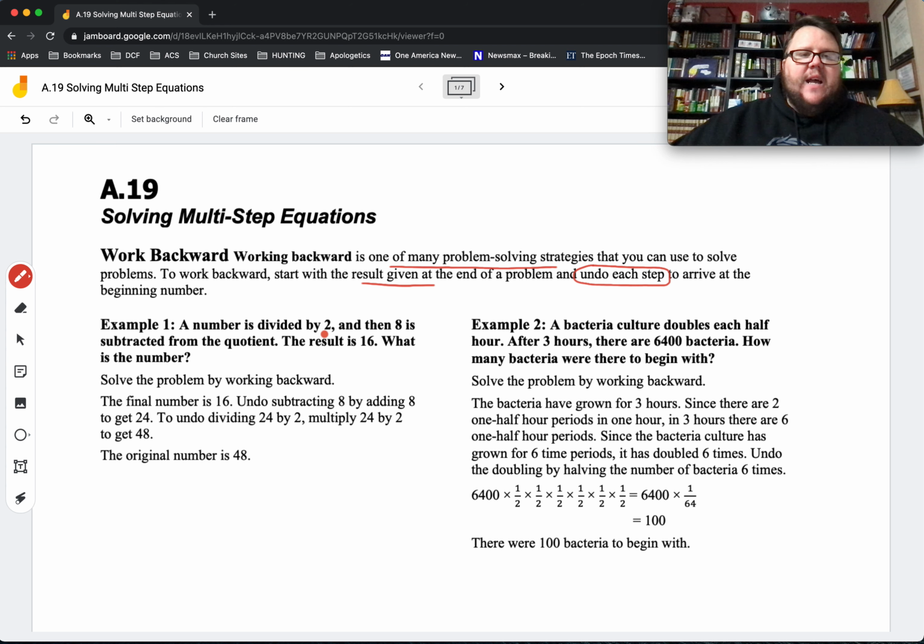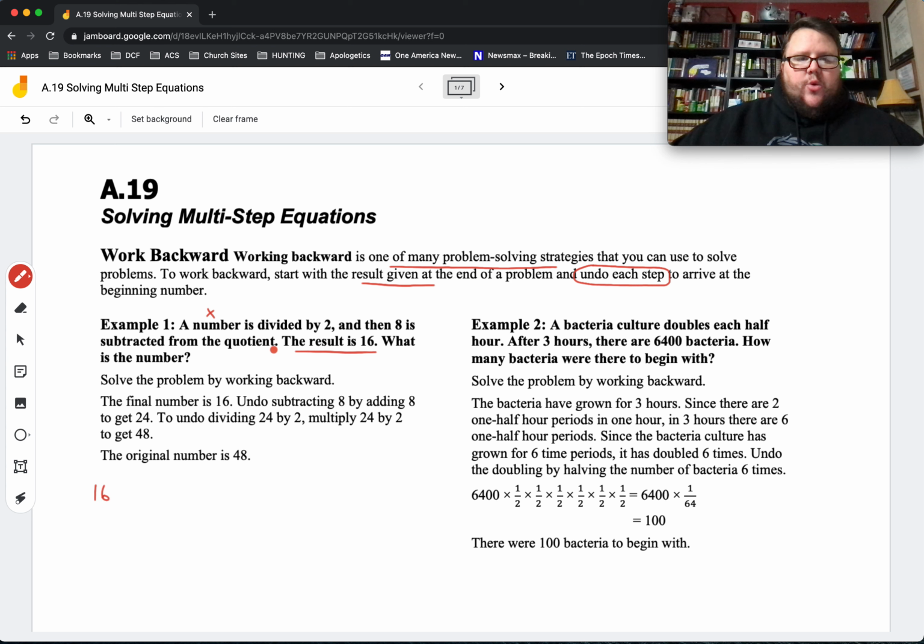A number is divided by 2, and then 8 is subtracted from the quotient. The result is 16. So what we're going to do is we're going to start from the back. The result is 16. What is the number? So this is what we're trying to find, this number. So we start with 16.